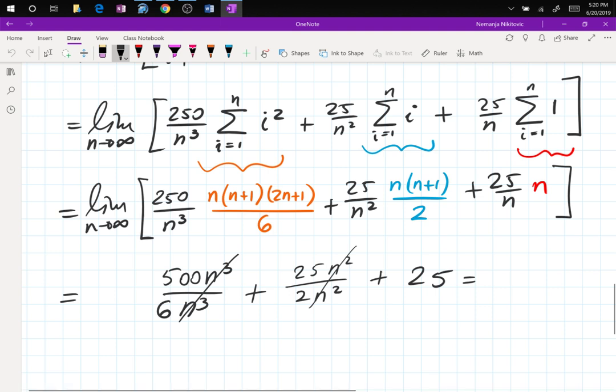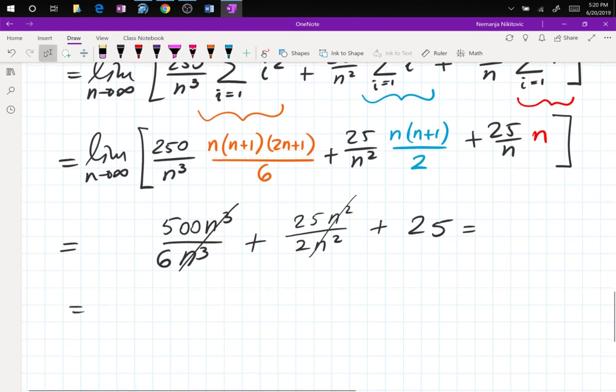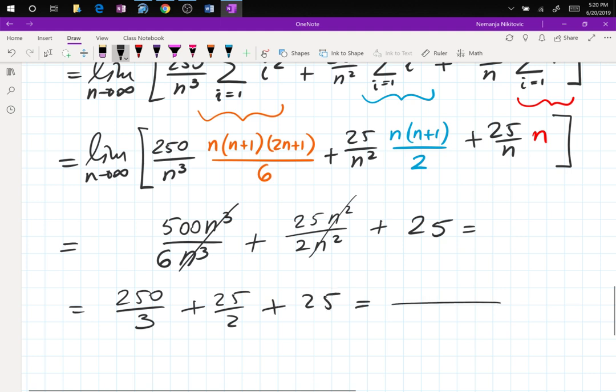All right, so now 500 over 6, they cancel down to 250 over 3. I have plus 25 over 2, and I have plus 25. The common denominator here is 6. So I have 500 plus 75 plus 6 times 25 is 150.